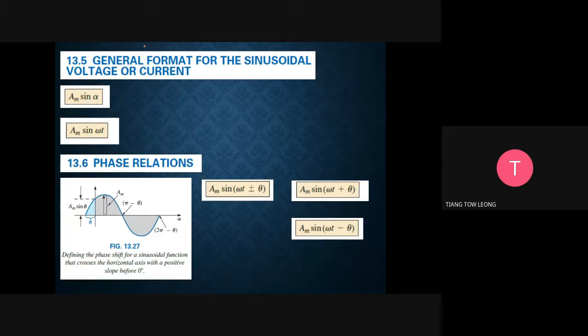For example, we want to make this signal into mathematics. So I can do like this, I also can do like this, I also can do like this, and I also can do like this. So which one is simple? The top one, right? Which one is complex? The bottom one, right?